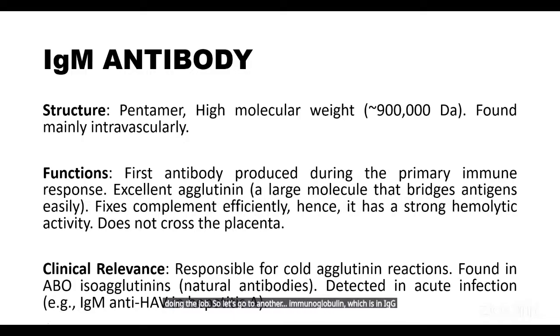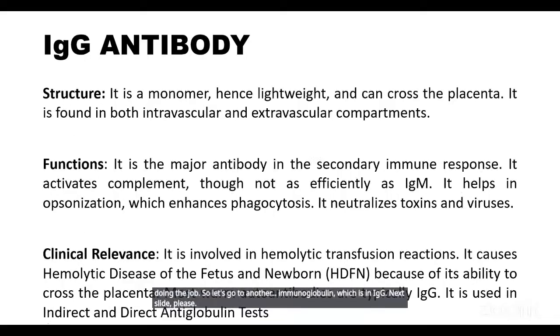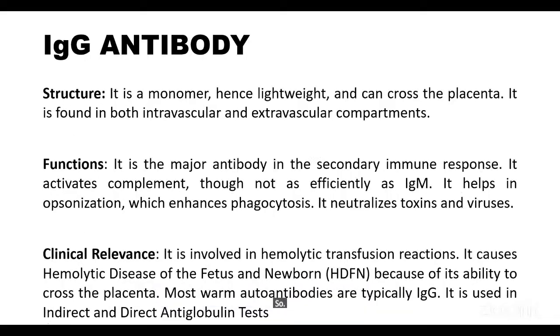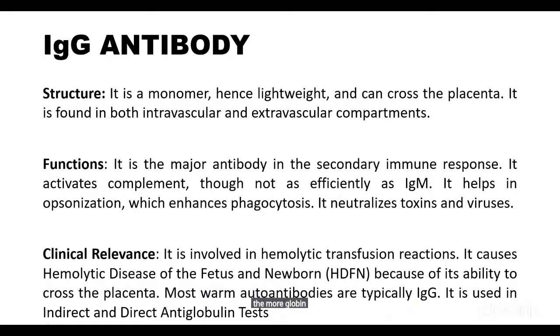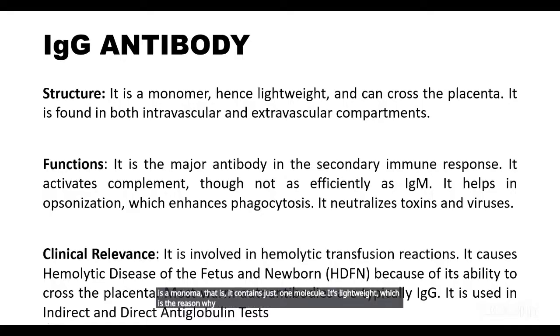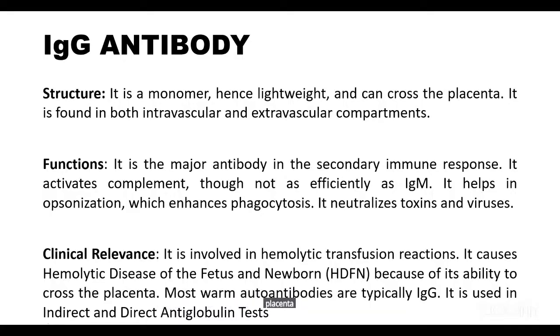Next slide, please. So the next two slides, this one and the next, we'll be talking about immunoglobulins, their structure, function, and clinical relevance. For instance, IgG, which we are looking at now, is a monomer, that is, it contains just one molecule. It's lightweight, which is the reason why it can cross the placenta, and it is found both intravascularly and extravascularly.